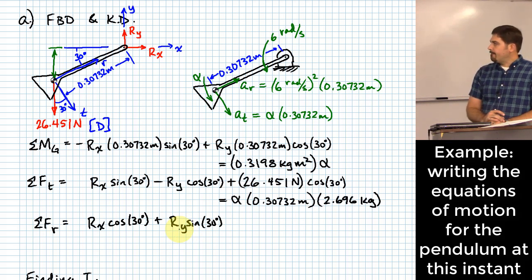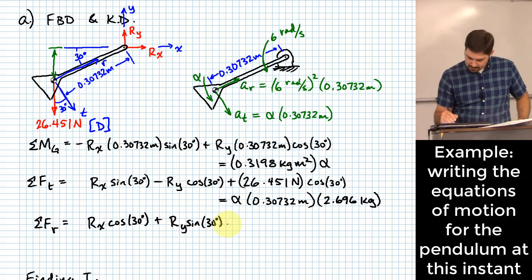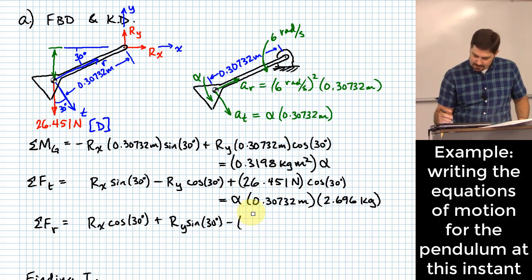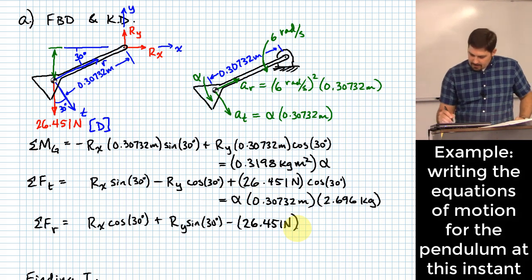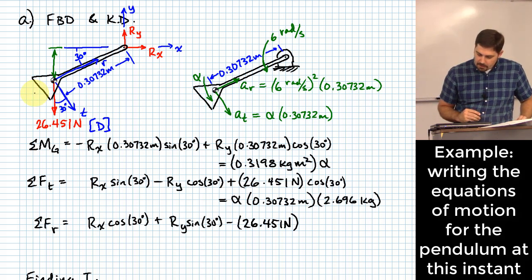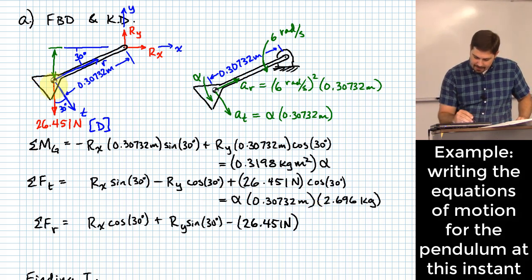All right, what about weight? It looks like it anti-aligns, right? So 26.451 newtons. Okay, but I don't want all of it. I just want the component there that projects onto the r-axis. So I multiply there by the sine of 30 degrees.